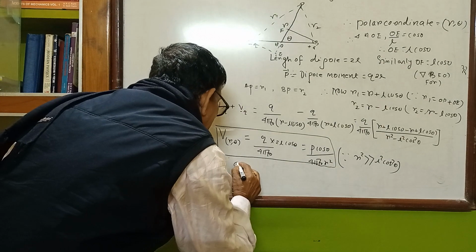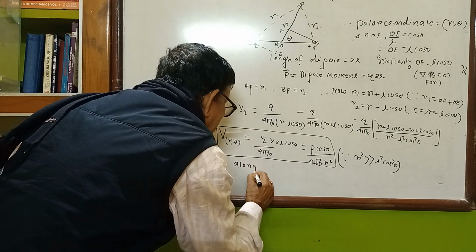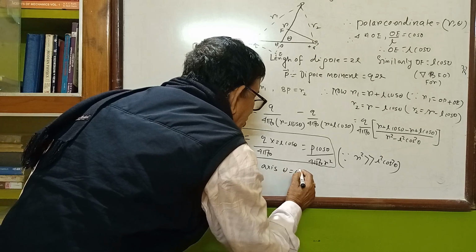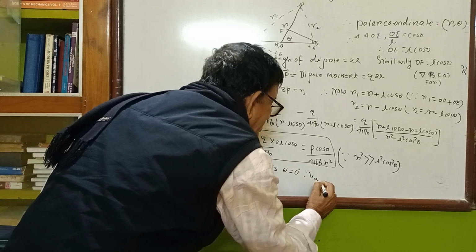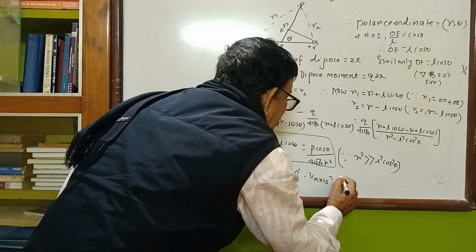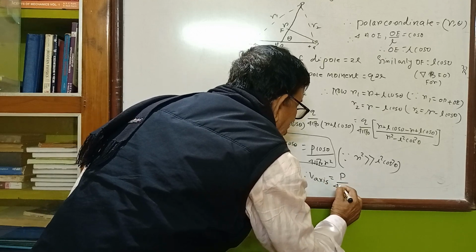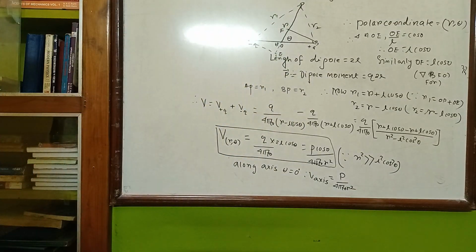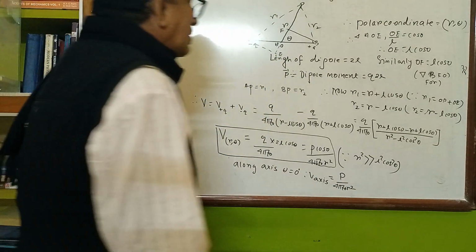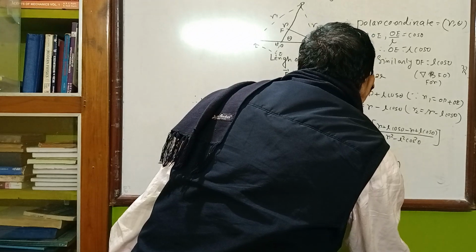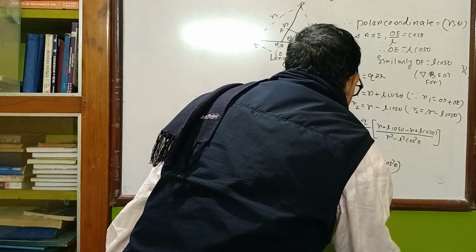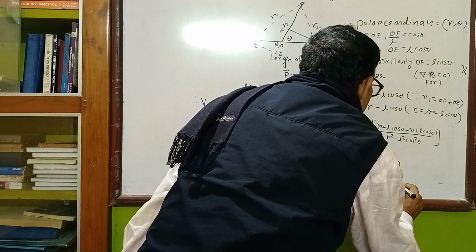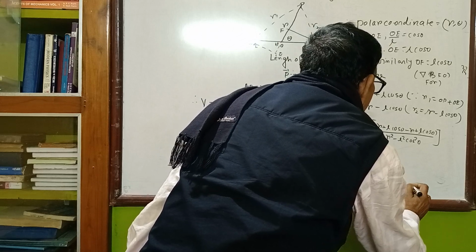Now along the axis, theta equal to 0, V equals p by 4 pi epsilon naught r square. Similarly, if theta is 90 degrees, the perpendicular bisector, then V equals 0.